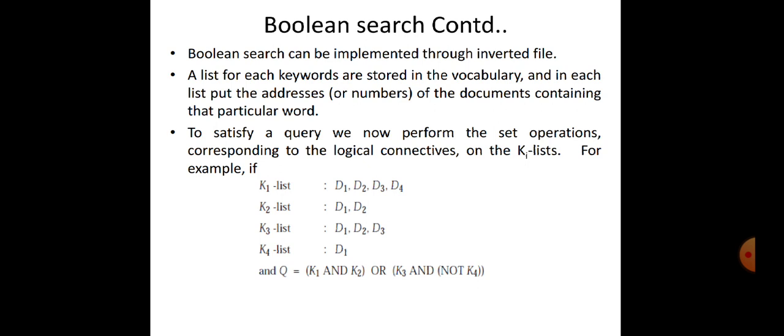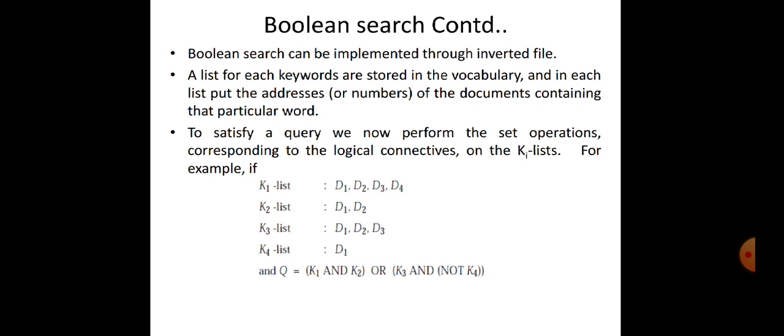Then in the K3 list, D1, D2, D3, K3 is present in D3, and K1 is also present in D3. So the terms K3 and K1 are present in D3.